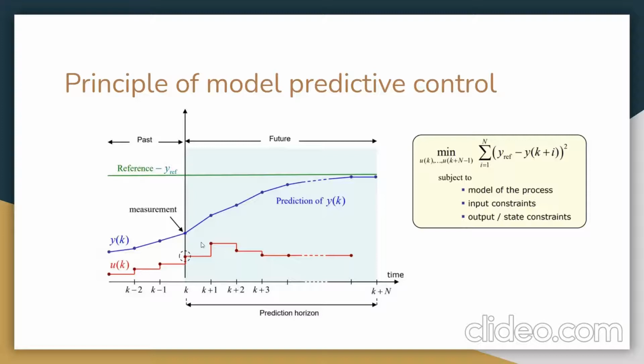So MPC samples y_k and u_k at the current instance k, and minimizes the cost function over a period from k to k plus n, where n is the prediction horizon, or the number of steps which the MPC controller predicts for the system.